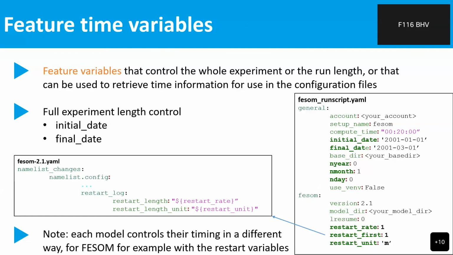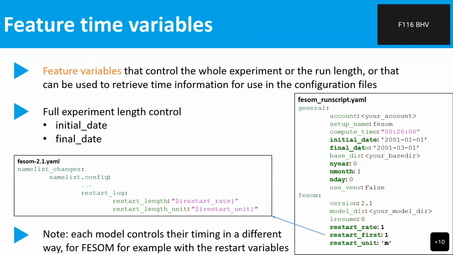They are not feature variables precisely because they go into the namelist changes. So why is this different, and why are these not linked directly to the feature variables of the general experiment? The reason is that sometimes you want to run, for example, a 1 year simulation, and you want to be producing restart files even if FESOM is running through the whole year without restarting.